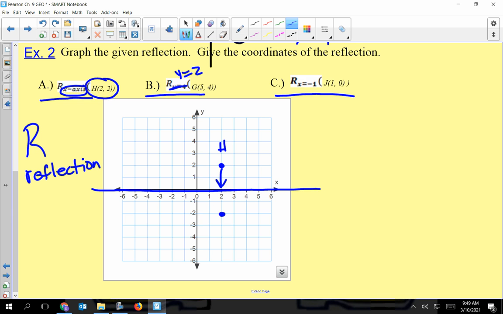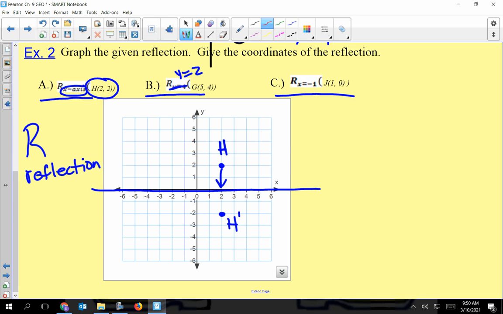Okay. And I'll call this one H prime, because H was my pre-image. H prime is where I moved it to. That becomes my image. Okay. So I kept the same distance, just counting squares. It has to go on the other side of that line, same distance. Okay. All right, let's go to B.